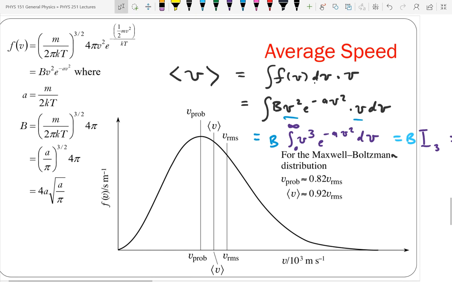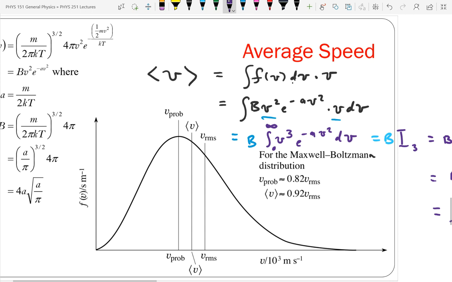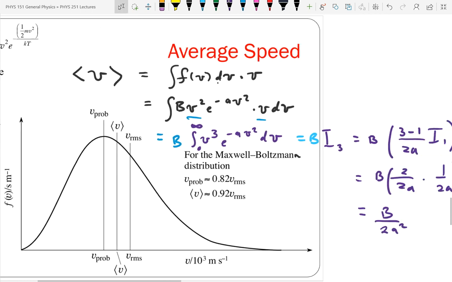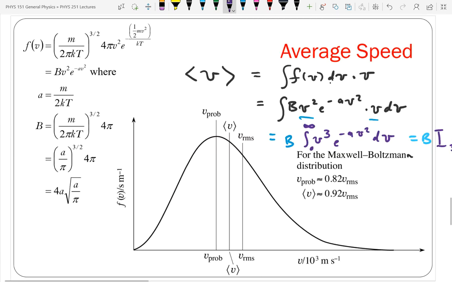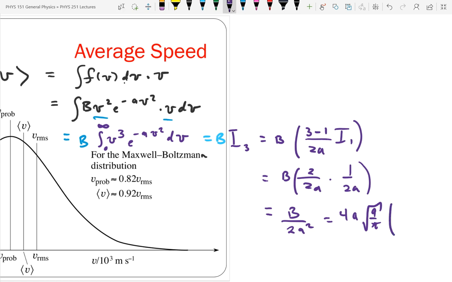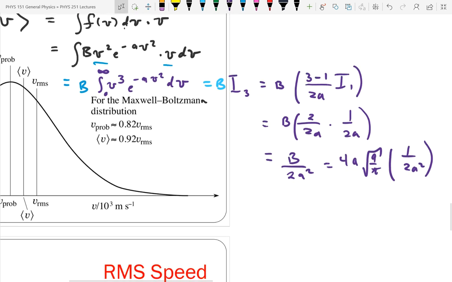So now let's look at our different options for b. And again, the one that's probably going to be the easiest for me is going to be to use the lowest one, the 4a square root a over pi times 1 over 2a squared. Multiply those together and it's equal to 4 over 2 is 2. A over a squared is 1 over a.